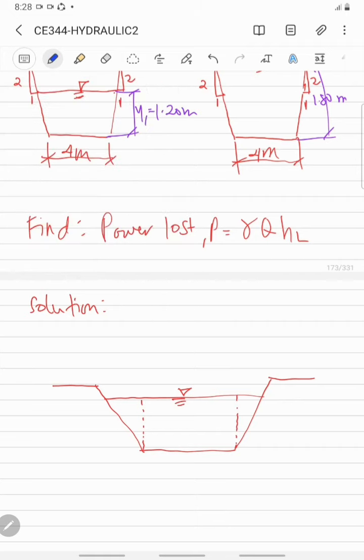The centroid of the rectangle is 1/2 of its depth from the water surface. For this triangle, the location of the centroid is 1/3 of its depth from the water surface. Also for this other triangle, it is 1/3 of its depth from the water surface.